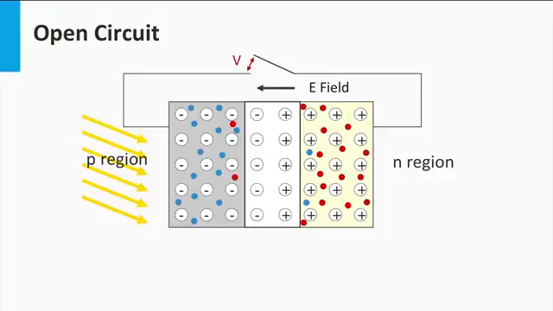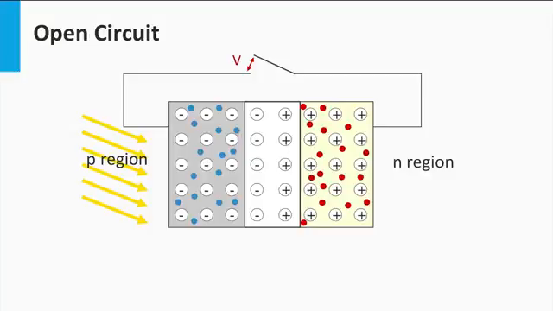However, no current is created when we open the electrical circuit. In that case, the dominant drift current of light-excited charge carriers will positively charge the P region with holes and negatively charge the N region with electrons. This charging creates an electric field opposite to the built-in electric field and reduces the net drift current again.